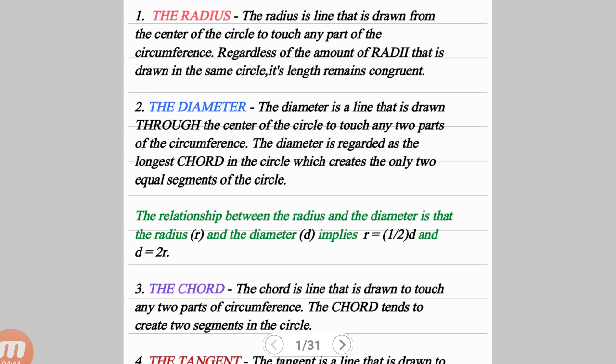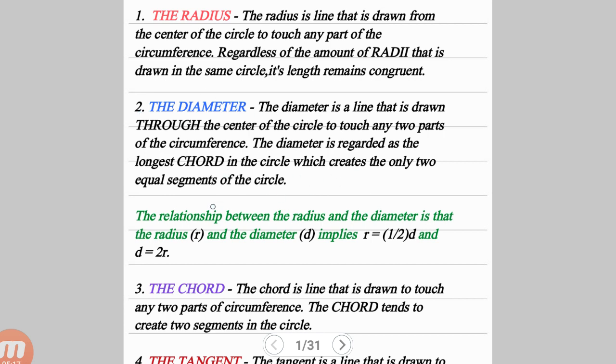The diameter is regarded as the longest chord of the circle. Later on we're going to look at what a chord is, but you're going to find that the diameter is the longest of any chord that you may see drawn in a circle. It creates two segments of the circle. So if the diameter goes through the center, then you have a half segment at the top and a half segment at the bottom, or side and side.